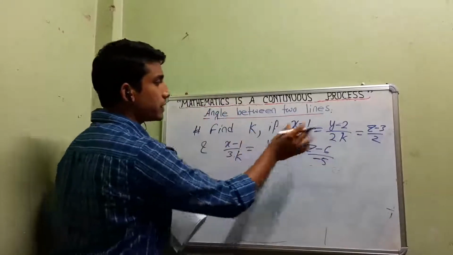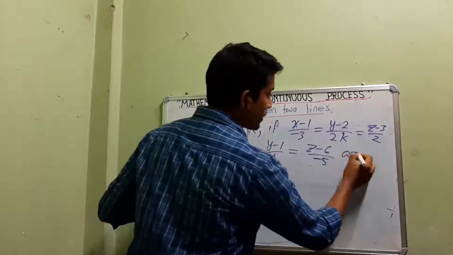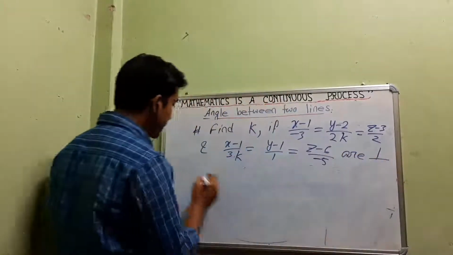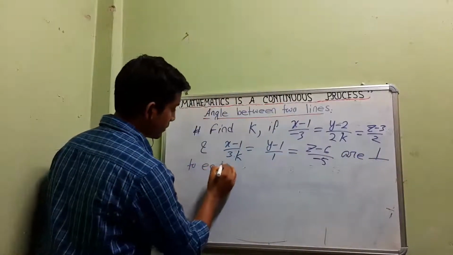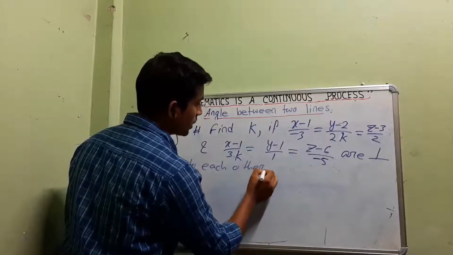The constant I have taken is k. Find k if this line and this line are perpendicular to each other.